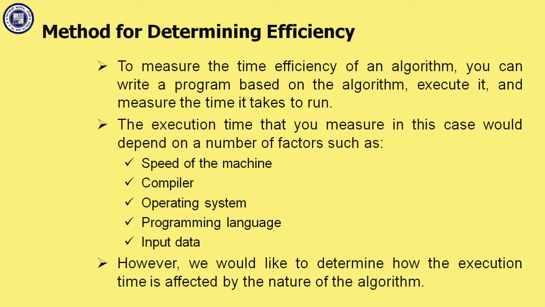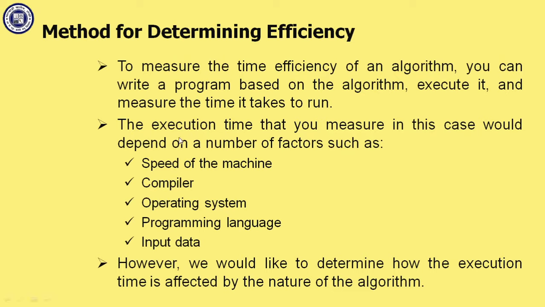The people who are using slow machines or legacy machines will have higher levels of complexity. Similarly, the compiler will also play a vital role, as will the operating system, the selection of programming language, and the most important thing, the size of input supplied to the program.